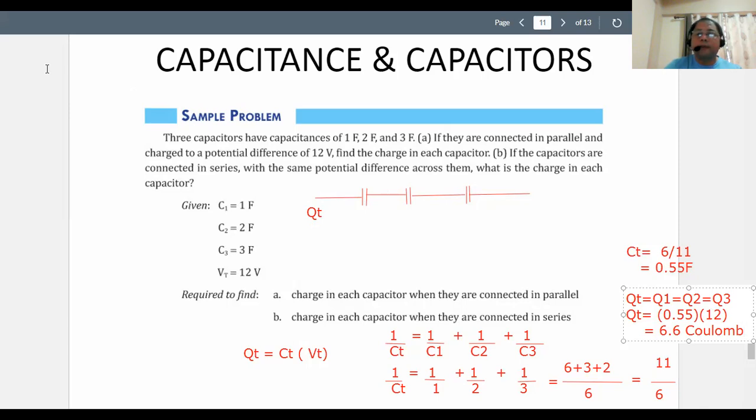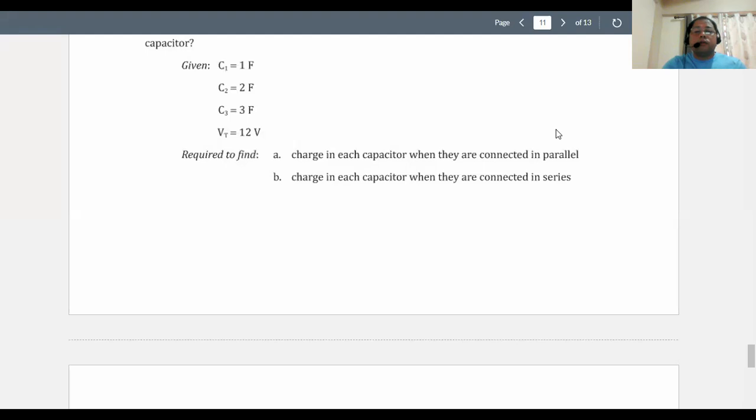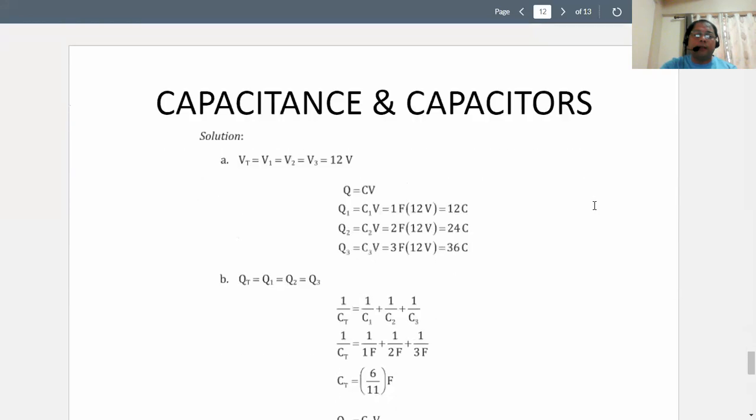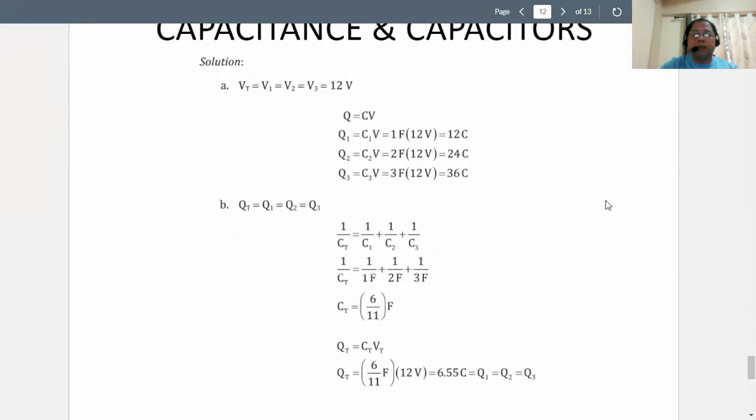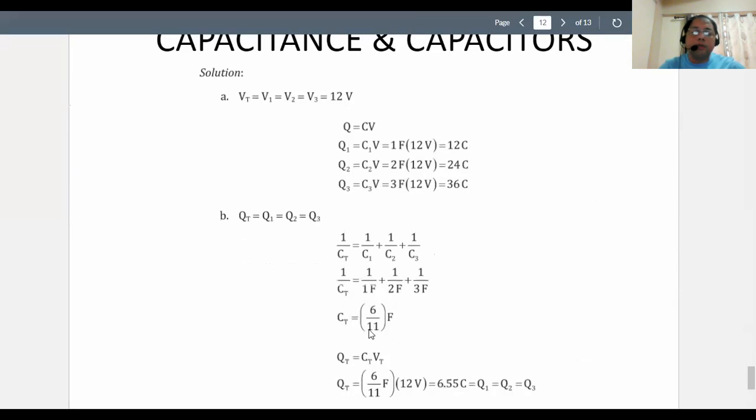The answers to your problems are found in the next slide, which is consistent with our answer, except that we have a 6.55 coulomb answer there, maybe because this value was not rounded off, so they used 6/11 instead of 0.55. So 6/11 is the exact answer.